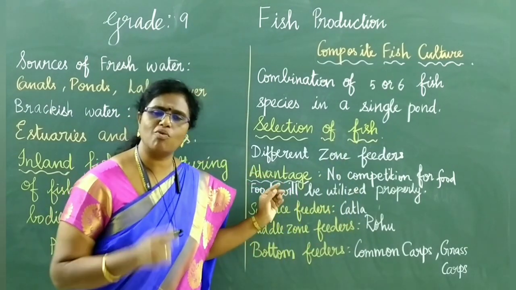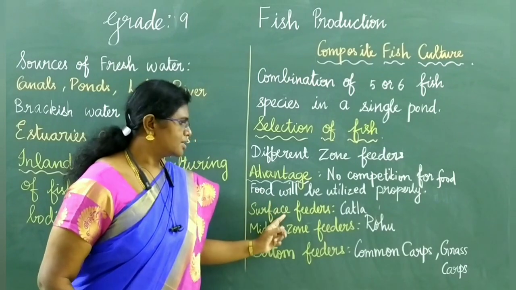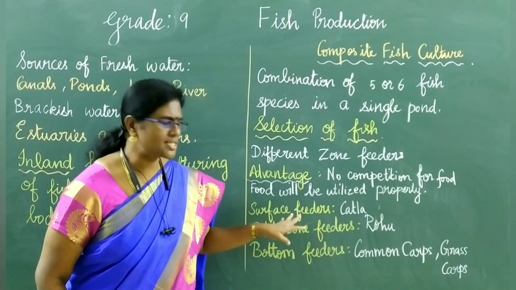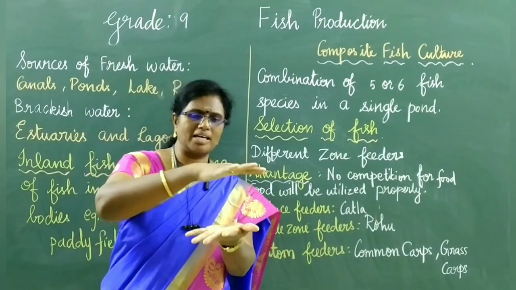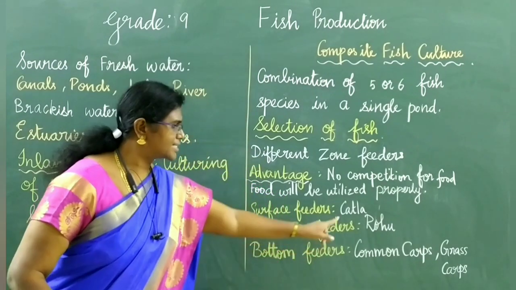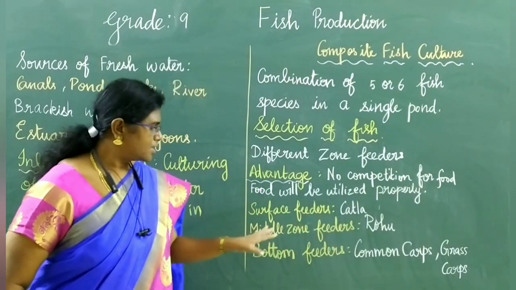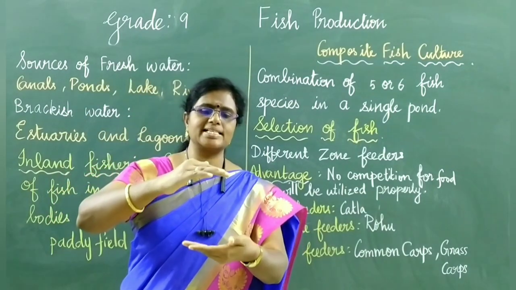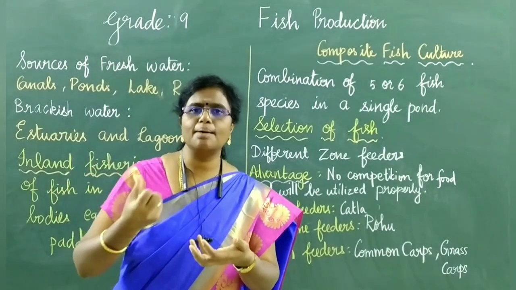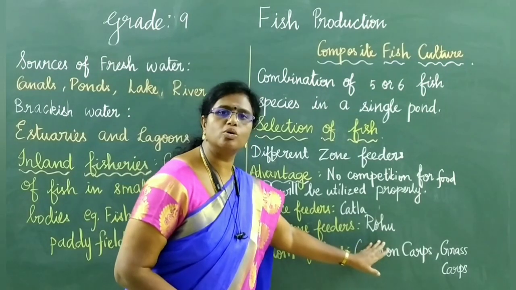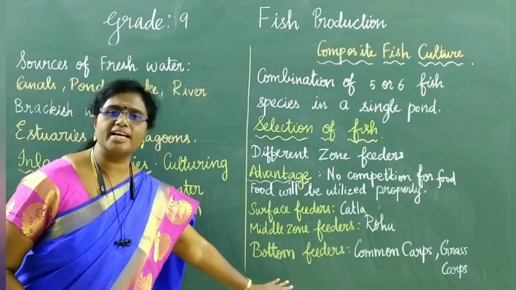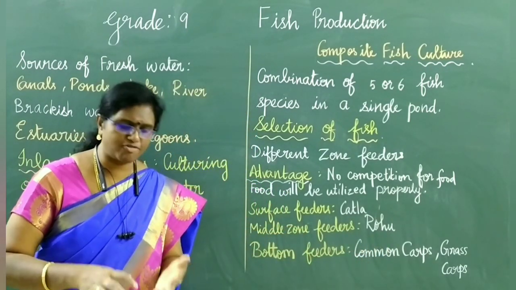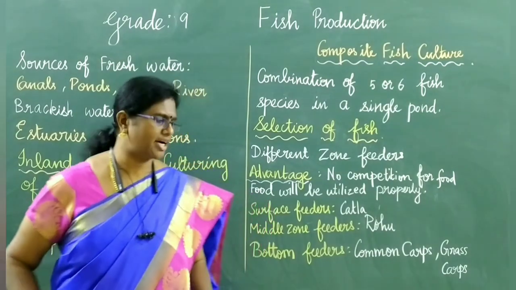So I have given one example for each. Surface feeders. That means the fish which will consume on the surface of the water. Example, katla. Next, middle zone feeders. That means in the center region, the fishes will take up the food. Example, rohu. Bottom feeders. That is, some fish will take the food from the bottom of the water bodies.